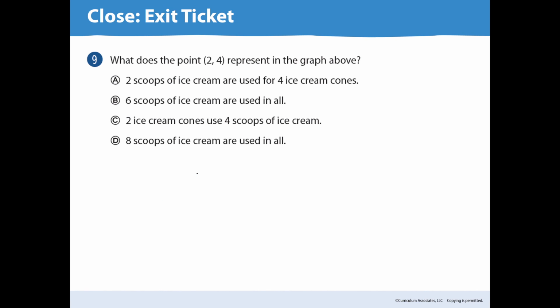What does the point 2, 4 represent in the graph above? Does it represent 2 scoops of ice cream are used for 4 ice cream cones? 6 scoops of ice cream are used in all. 2 ice cream cones use 4 scoops of ice cream, or 8 scoops of ice cream are used in all.